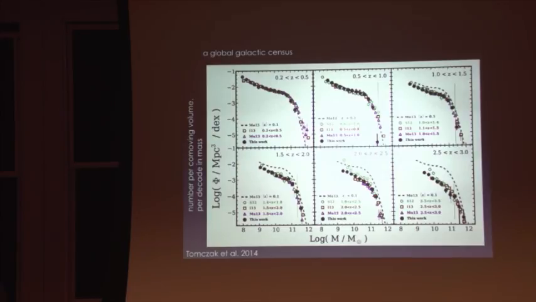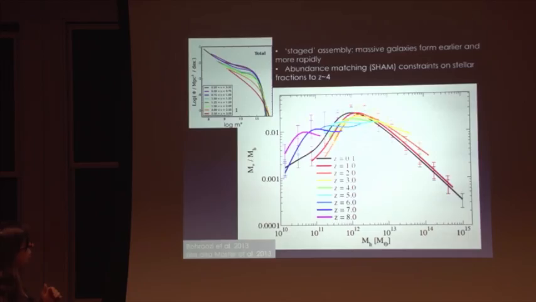But we see significant evolution in the galaxy stellar mass function. So already this is telling us that galaxies are building up their stellar mass over time. And the dashed line is just repeating this low redshift function so that you can sort of see how much things are changing. And I'll show you a more cartoon sort of diagram.